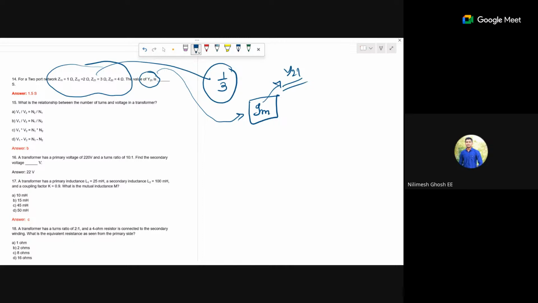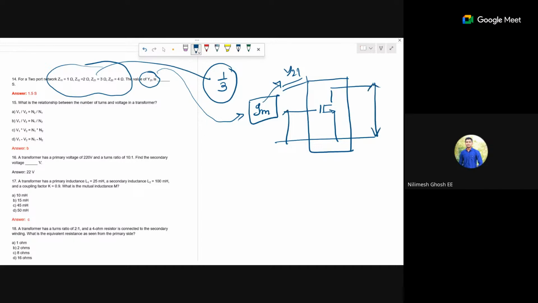Sir, can you tell the name of that analysis again? For a particular MOS circuit, say it is in a black box, it is like a two port, right? This is the input port, this is the output port.